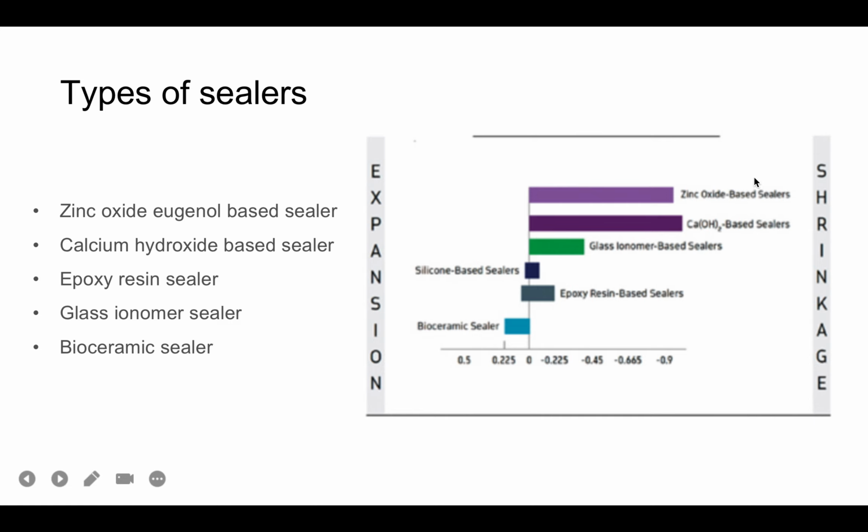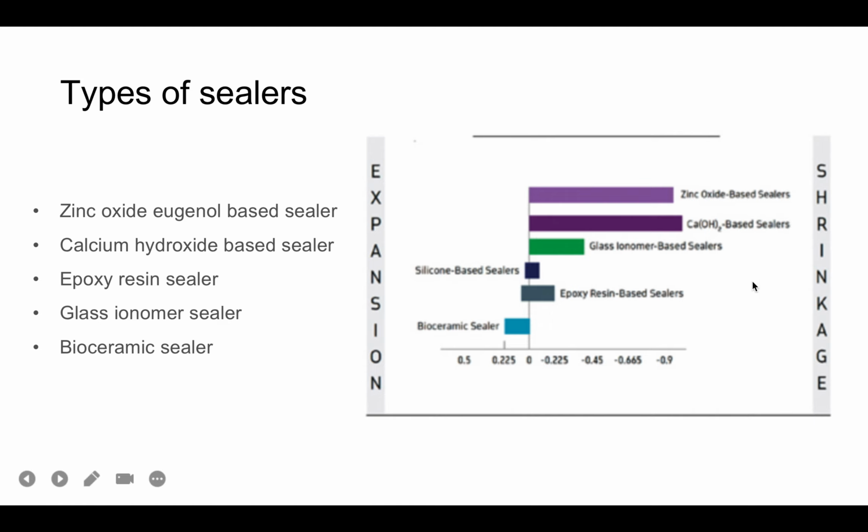When a sealer is shrinking inside the root canal space, it's going to leave a gap. It's going to leave voids, either between the dentin and the sealer or between the sealer and the gutta percha, which is going to be a good place for bacteria to invade and to cause an unsuccessful treatment.